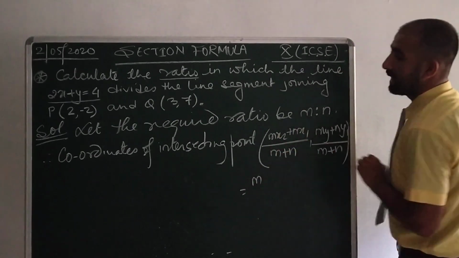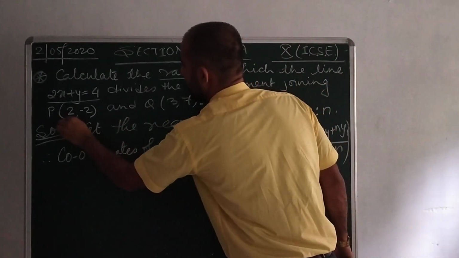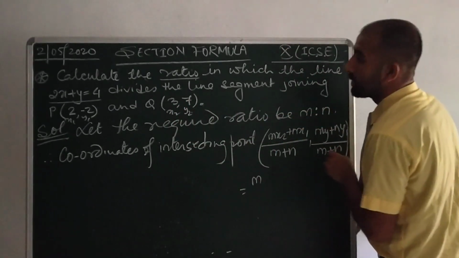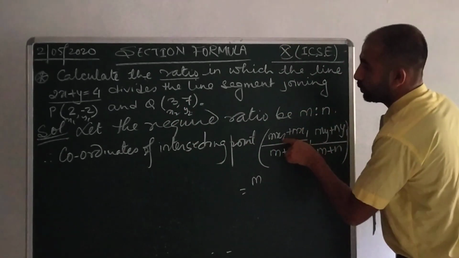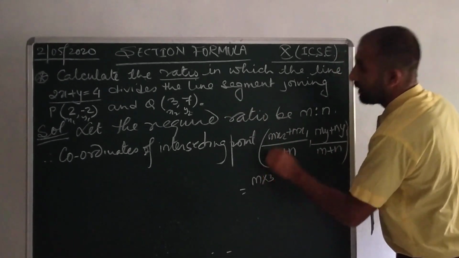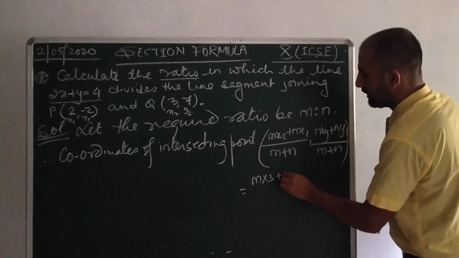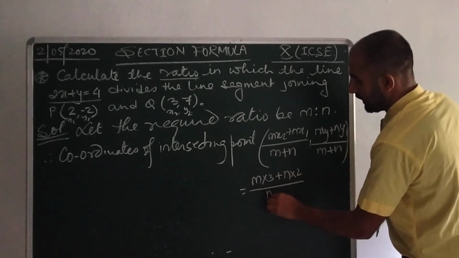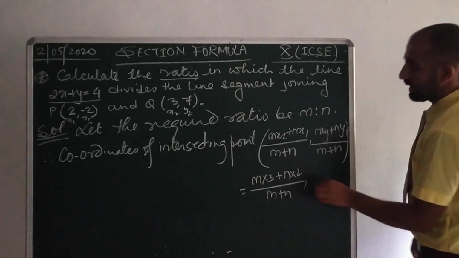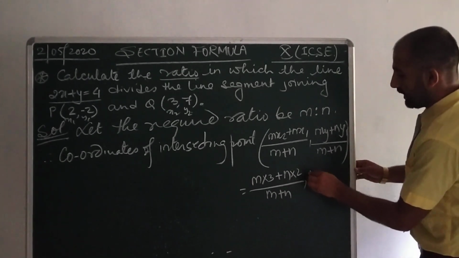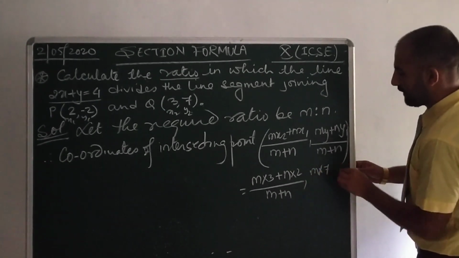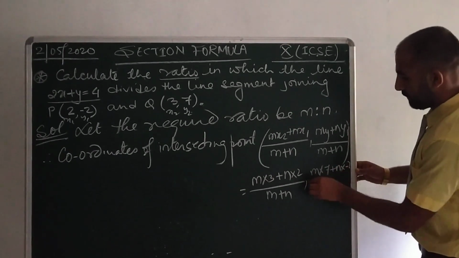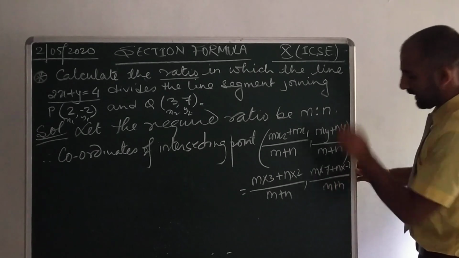Let's put the value. I'll take this as x1, y1 and this as x2, y2. So mx2, that is 3, plus nx1, we have 2, by m plus n. Similarly, we'll put the value of y, that is m into y2, y2 is 7, plus n into y1, we have minus 2, by m plus n.